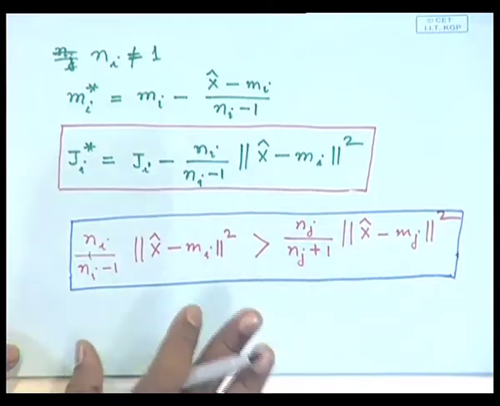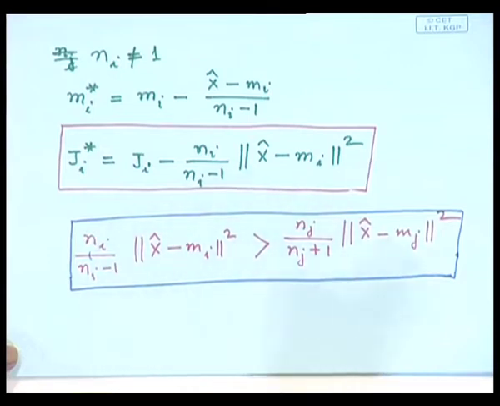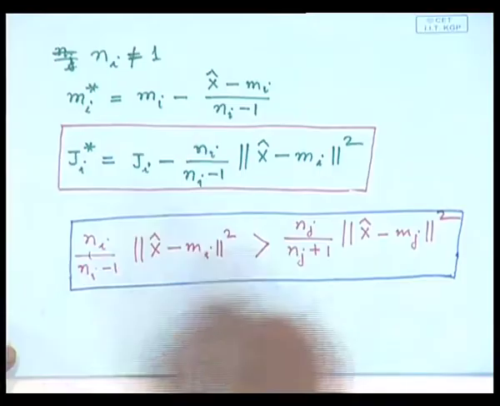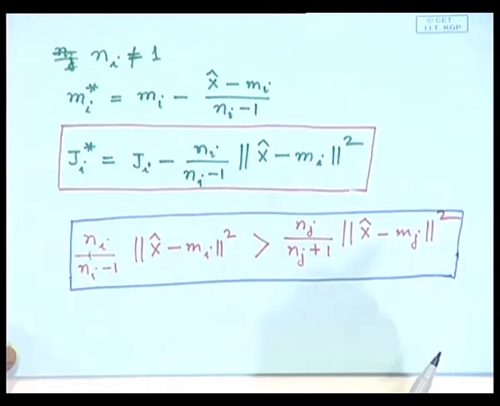And to maximize that reduction, I should push x hat into that cluster which gives the minimum increase in the within-cluster error. So, out of all those k minus 1 clusters, for whichever cluster the increase in the sum of squared error is minimum, this x hat should be pushed into that. So, this is the first condition; without this, I should not try to push x hat from one cluster to another.